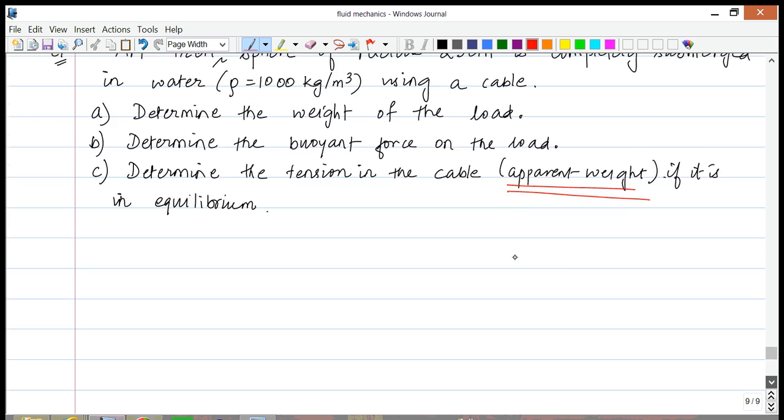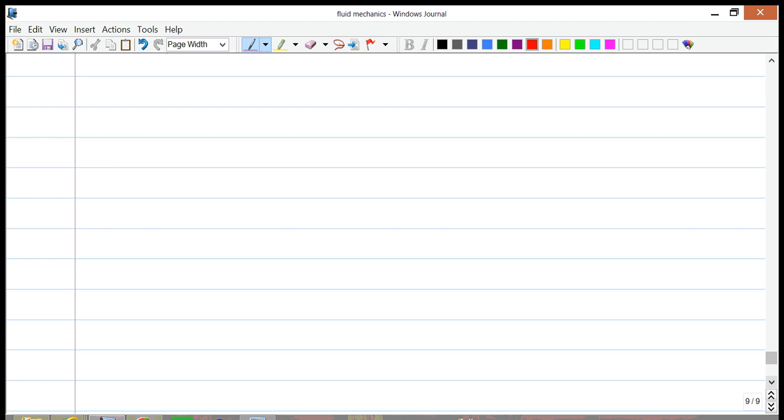So let's begin with the first part of the question, which is finding the true weight of the object. The weight is equal to m times g, mass times 9.8. We first have to find the mass, and you haven't been given the mass itself, but you've been given the dimensions of the object, that it's a sphere, and its density.